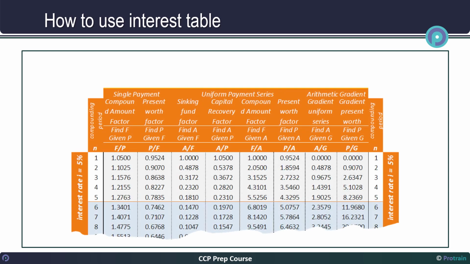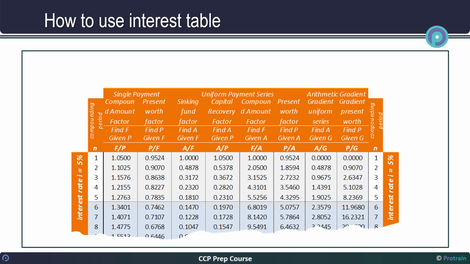The table now shown on the slide shows the interest table for 5%. You can also download the interest table from the download section. Before we begin, let me highlight that the layout of the interest table may vary based on the publisher, however the information shall generally remain the same.